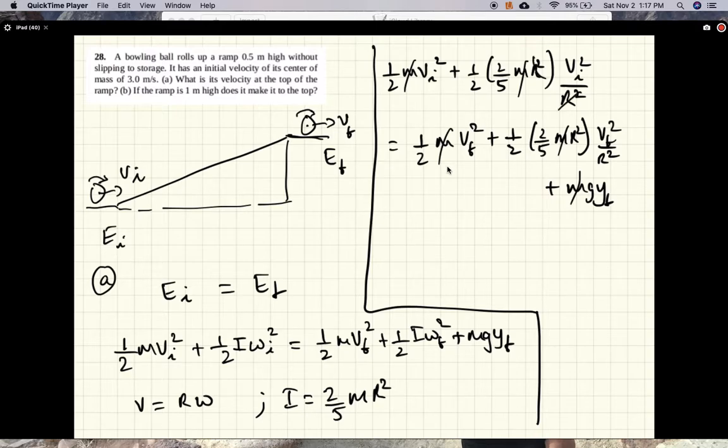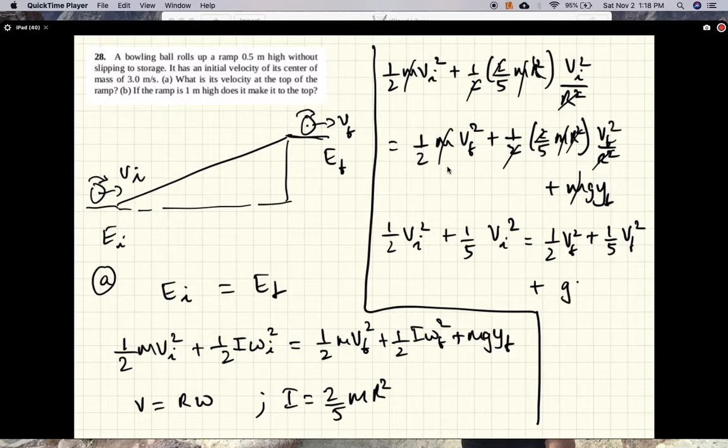The r squared cancels. All right, so what we have is, and this 2 cancels, so 1/2 v i squared plus 1/5 v i squared is equal to 1/2 v final squared plus 1/5 v final squared plus g y final.